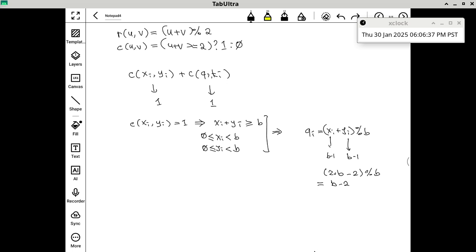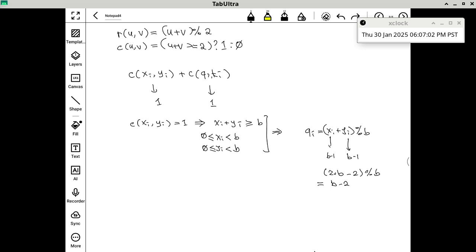Okay. So one thing you can do is to substitute the b with an actual value. So let's just say that b is 5. We're dealing with base 5 numbers. So xi can at the most be a 4. Yi can also be 4 at the most. 4 plus 4 is an 8. 8 mod 5 is 3.